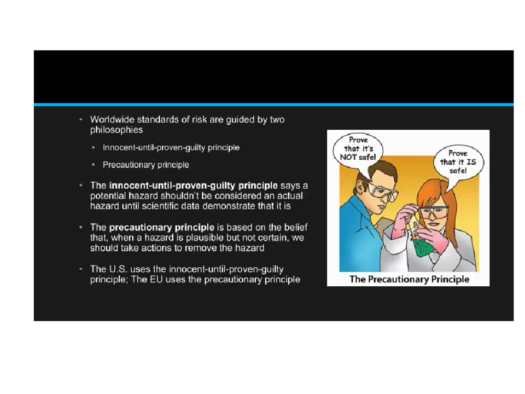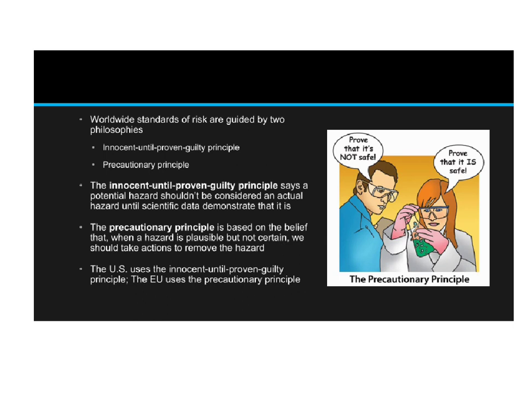Worldwide standards of risk are guided by two different philosophies: the innocent until proven guilty principle and the precautionary principle. I quote, innocent until proven guilty principle sounds really weird. So listen to this. The innocent until proven guilty principle says the potential hazard should not be considered an actual hazard until scientific data demonstrate that it is.